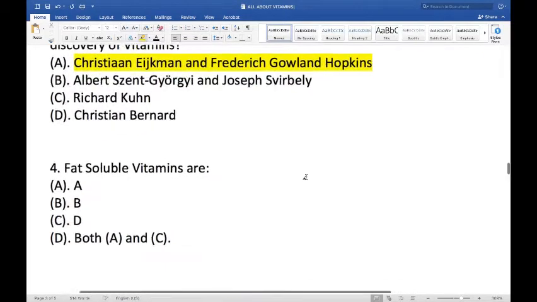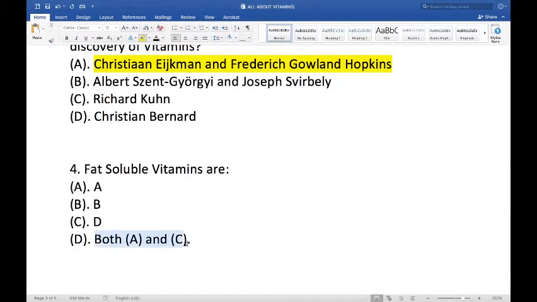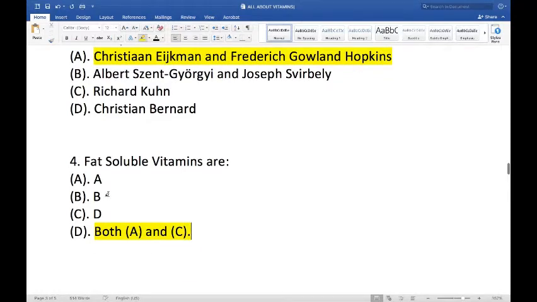Next question. Fat-soluble vitamins are both A and C. So to refresh your memory, the fat-soluble vitamins are vitamin A, vitamin D, vitamin E, and vitamin K. So out of these options, both vitamin A and D.